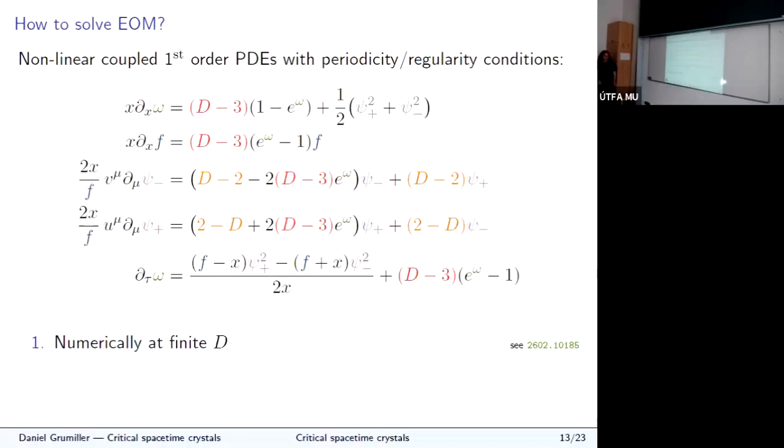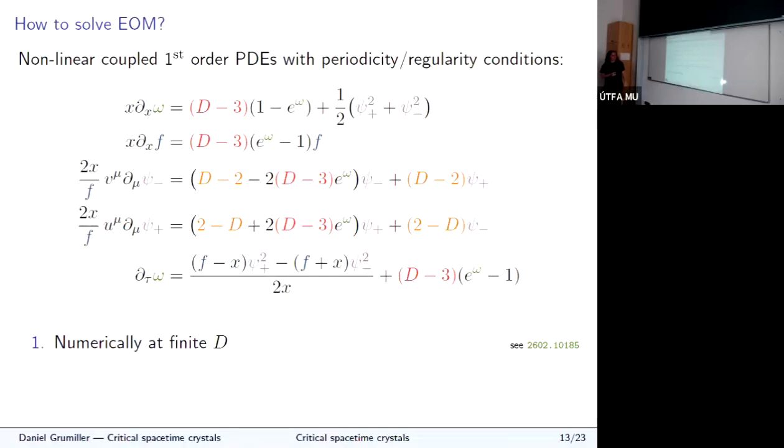This has been done in the past, and we recently did this for continuous values of d, because we're interested in how, for instance, the echoing period behaves as a continuous function of the dimension. I'm going to show a plot soon. But of even bigger interest to us was finding analytical solutions to this set of equations.